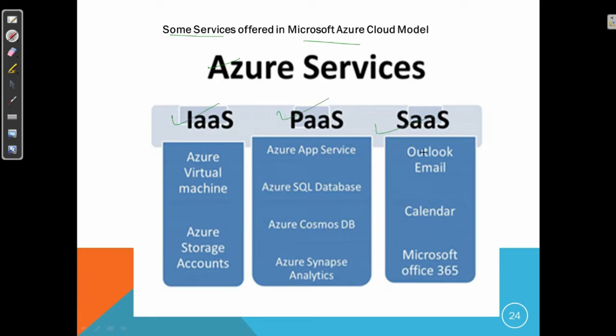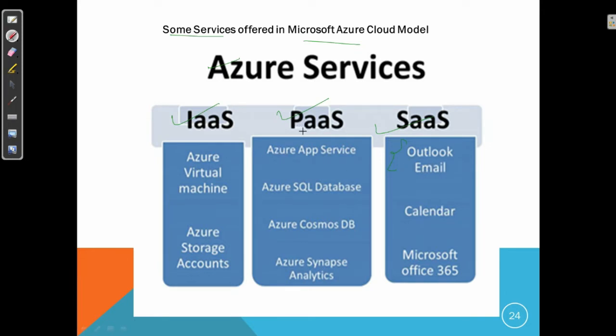Starting from SaaS, these are very familiar: Outlook email and calendar services, Microsoft Office 365. These are applications offered as software as a service, where one can subscribe to these services and get their work done without having to develop the services themselves.